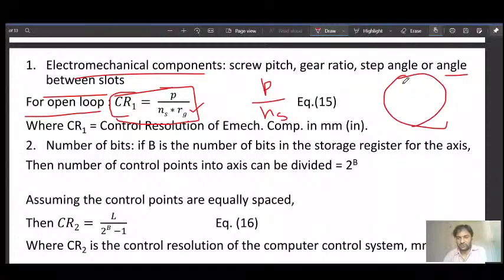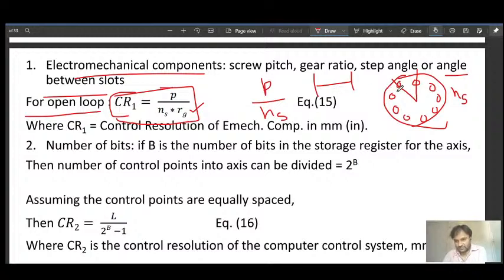Consider it this way. If your optical encoder has slots, then in one rotation these slots will be counted, and total slots NS has to cross. To find out the control resolution, that is the range where the lead screw will stop.